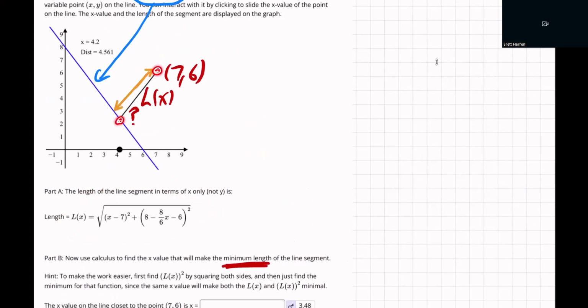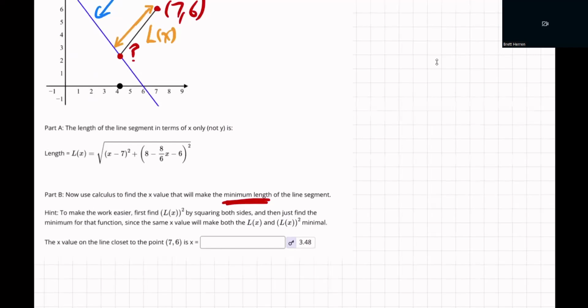There's the formula for the length of that line segment. Now we want to take that equation and minimize it, right, to find the minimum distance. All right, so let's do it.